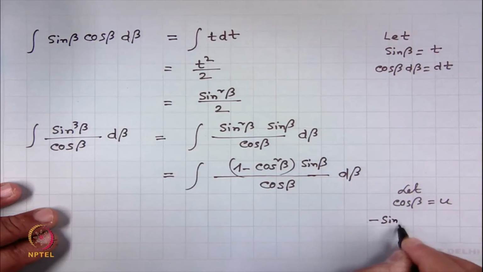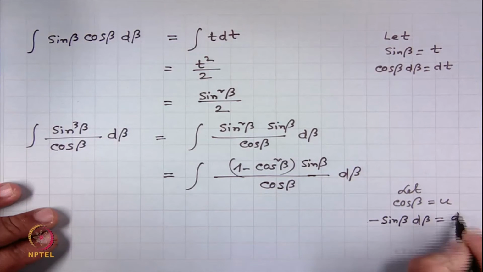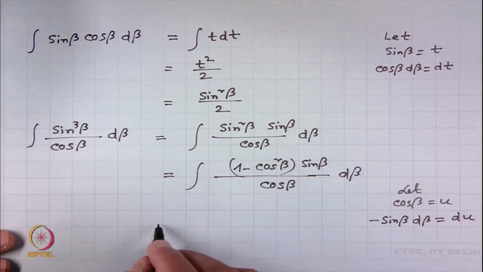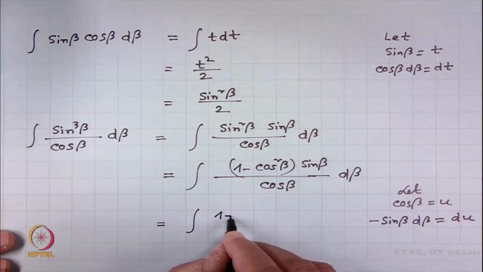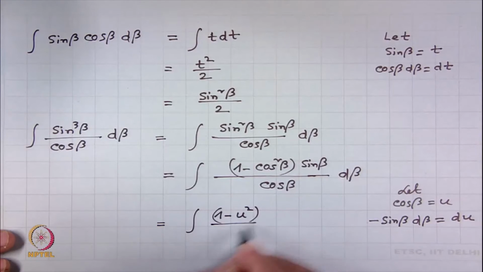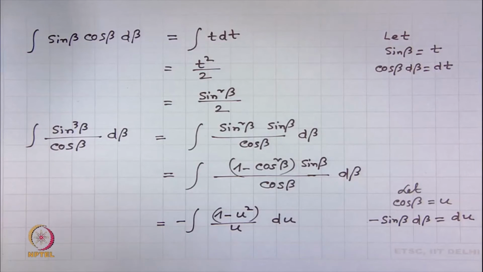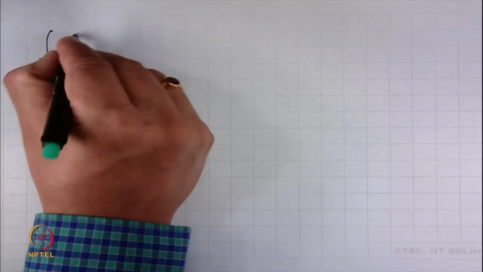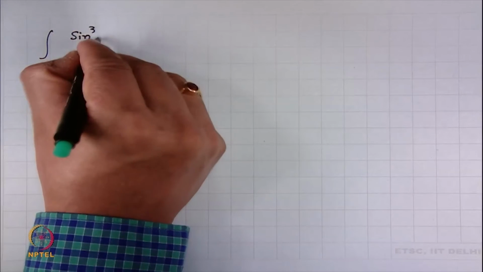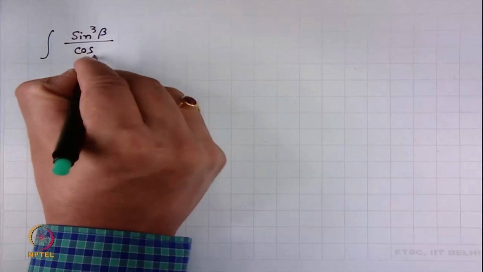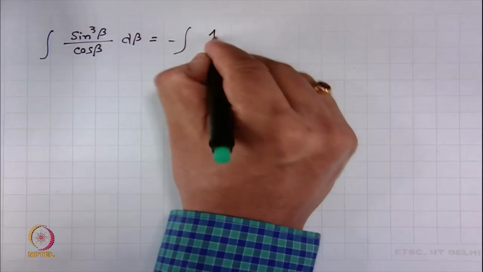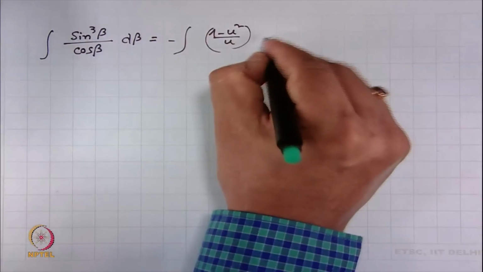Minus sin beta d beta is equal to du. So, 1 minus u square by u du. So, we continue: integration sin cube beta by cos beta d beta is minus 1 minus u square by u du.